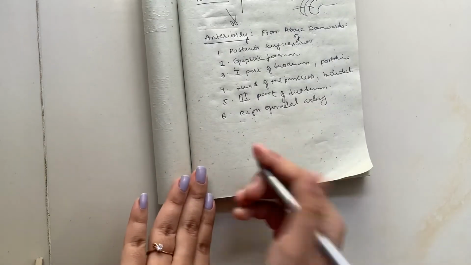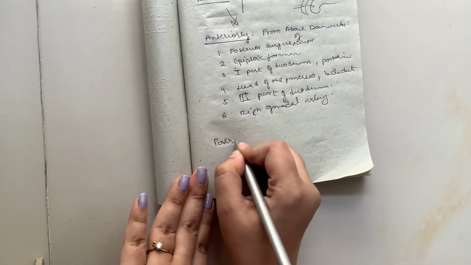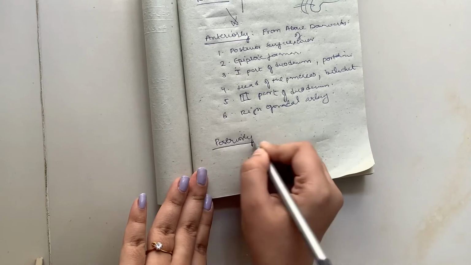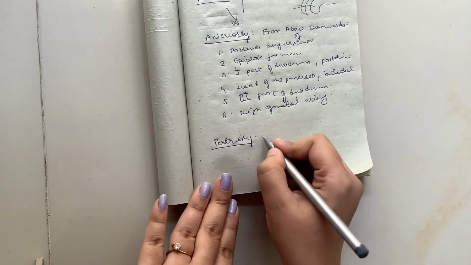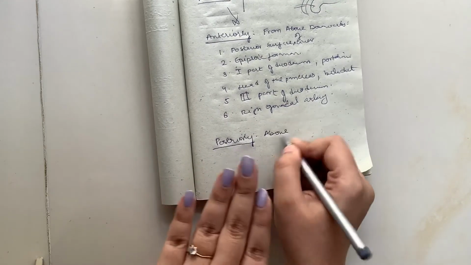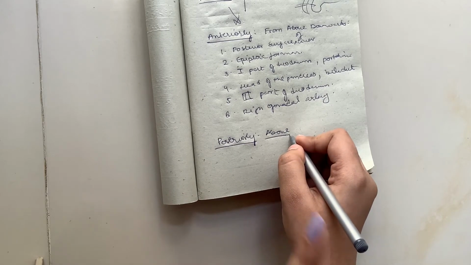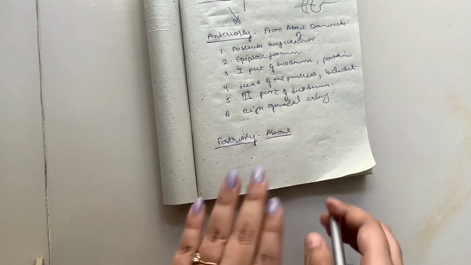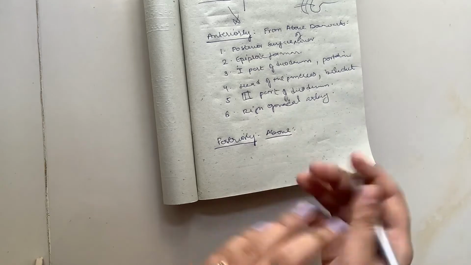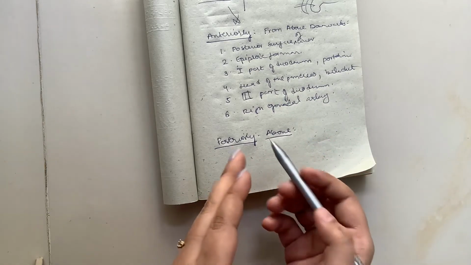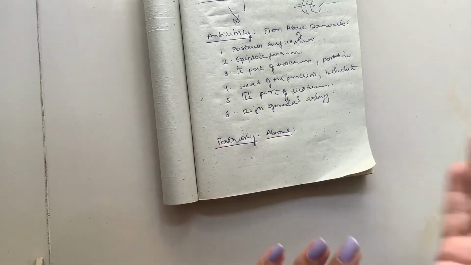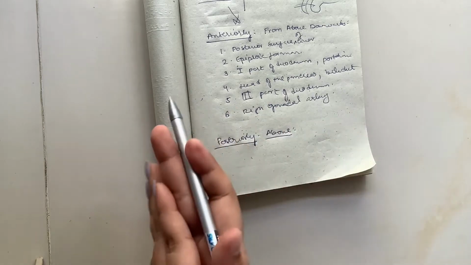Next we have the posterior relations, meaning what is behind it. Looking at the structures above, you have the right crus of diaphragm behind the inferior vena cava.